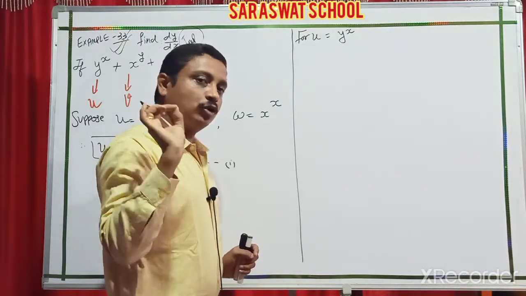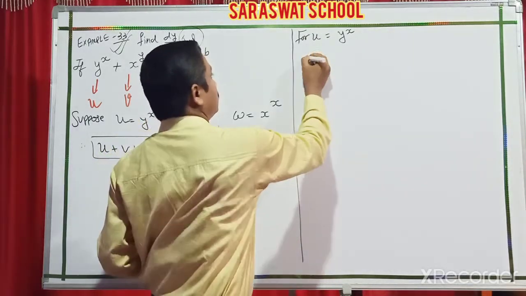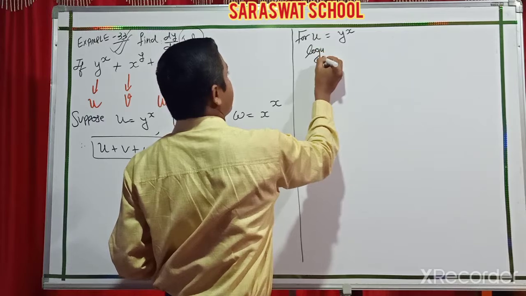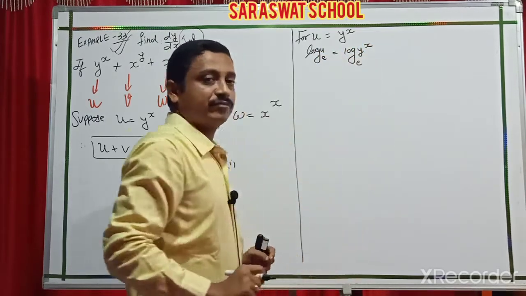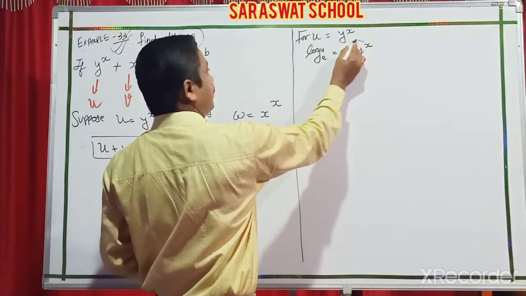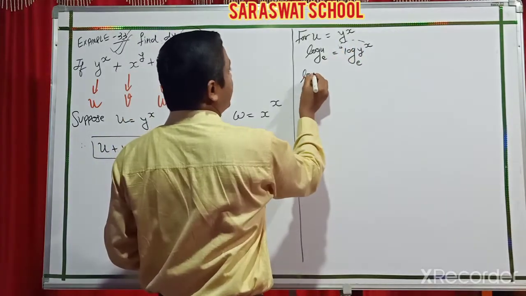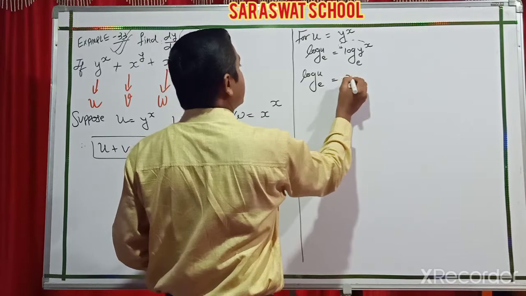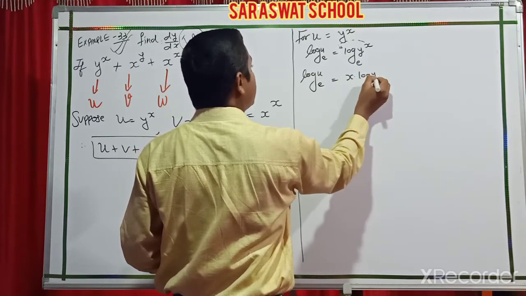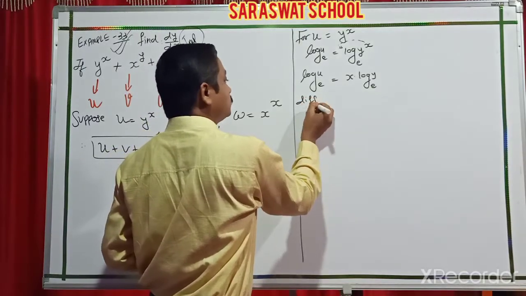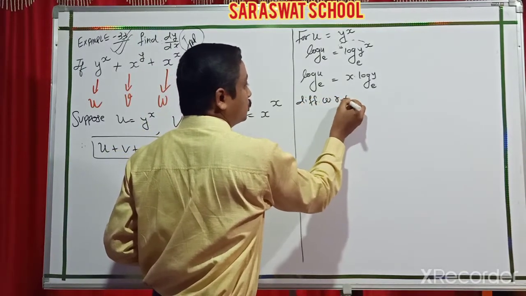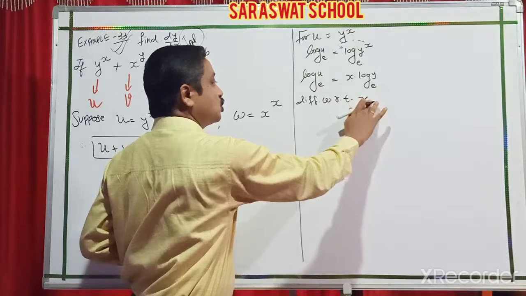Base and power are both variables, so apply log. Log with base e, and this x you just carry forward according to the property. So log u base e equals x into log y base e, and start differentiation with respect to x. So what do you get?